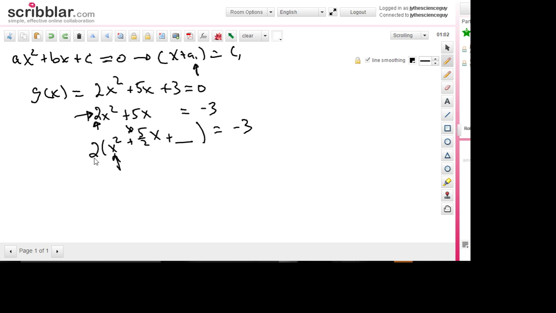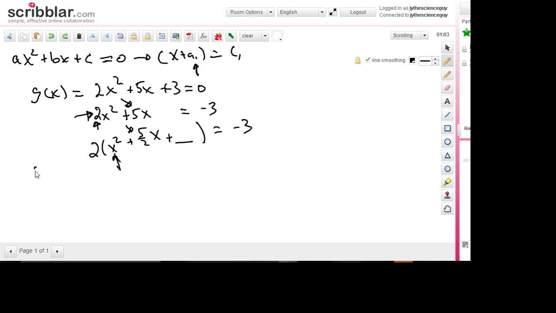That's why I have the 2 on the outside. And in order to do that, then I have to divide this 5 by 2 also. That's called factoring. Okay. So I factored out a 2. That's what it looks like. Gotcha. So you're dividing by 2 to kind of get it by itself. Right. Okay.